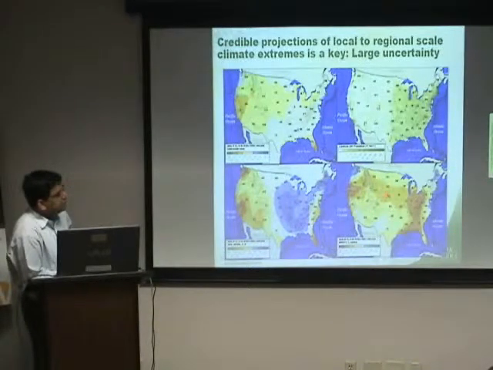This shows drying here, but if you are thinking about local scales, the patterns are not the same. If you are thinking about broad regional patterns, they could be similar. On the other hand, here it shows drying as opposed to wetting. And if you look at population density map like this one, this is where a lot of the people happen to live. So we cannot afford to be so wrong here.